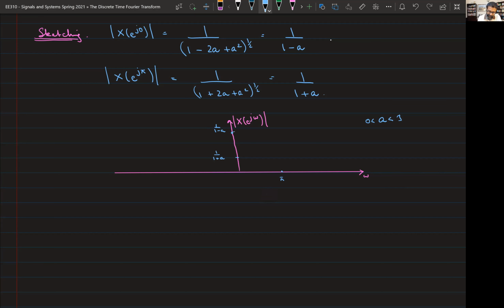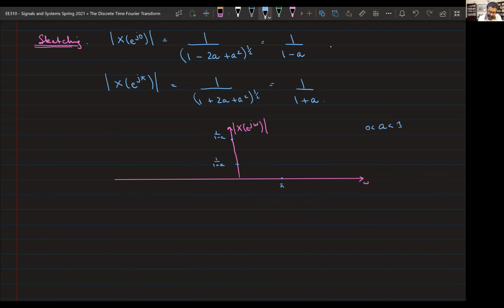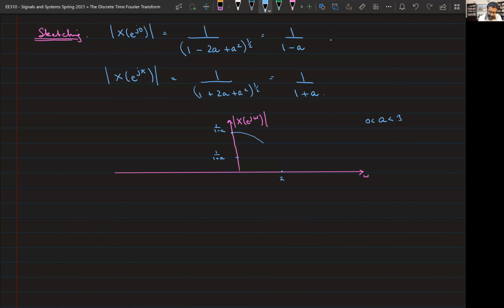And if you sketch this out, what it looks like is the following, something like this. There's a cosine there as well. And at 2 pi it goes back.